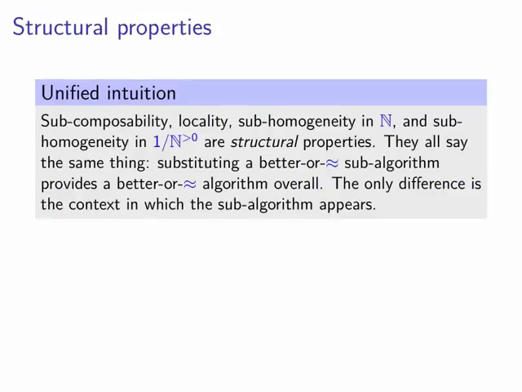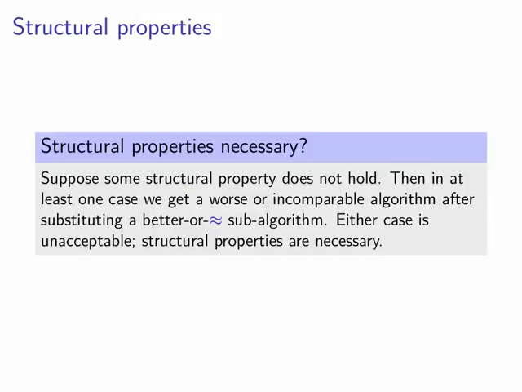Let's think about these properties for a while. Subcomposability, locality, subhomogeneity in N, and subhomogeneity in 1 per n are structural properties. They all say the same thing, that if we substitute a better or equivalent sub-algorithm, then we get a better or equivalent algorithm overall.